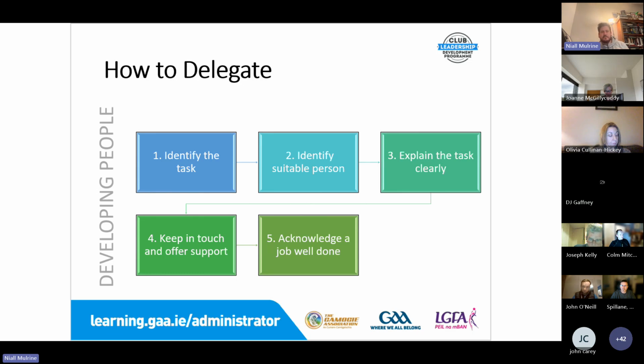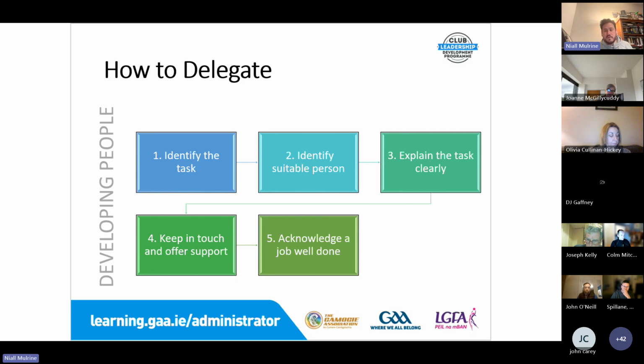That doesn't mean everyone else in the club understands that as well. You could be giving something over to someone else, and they haven't the faintest idea what you're talking about. So you need to explain really, really clearly, have real clarity, and actually check that they understand exactly what you're asking them to do when you're delegating a task.